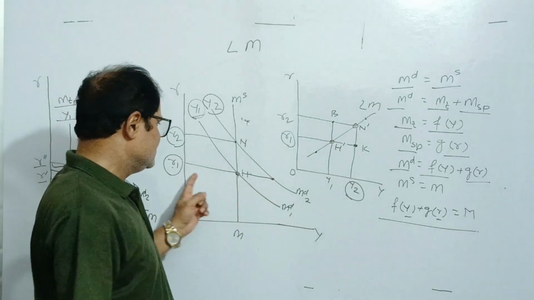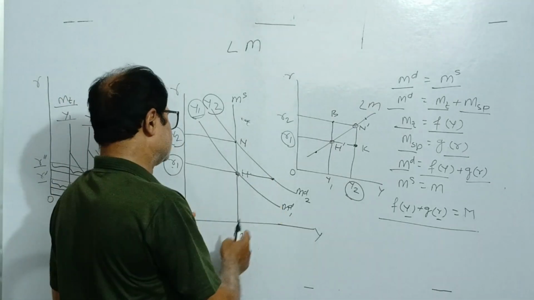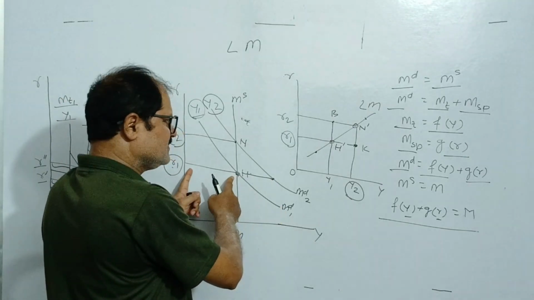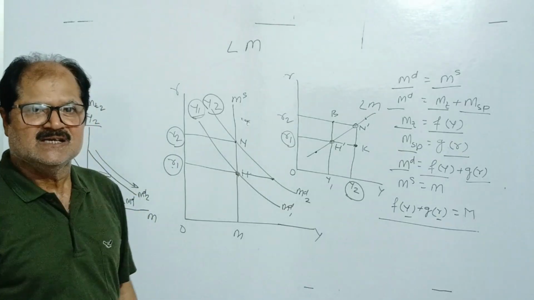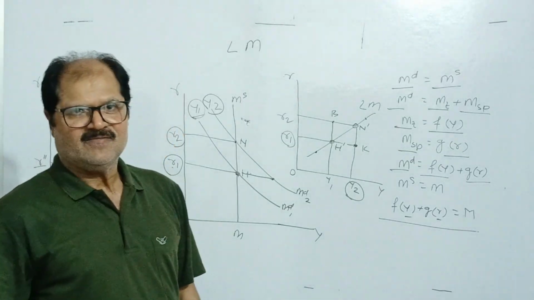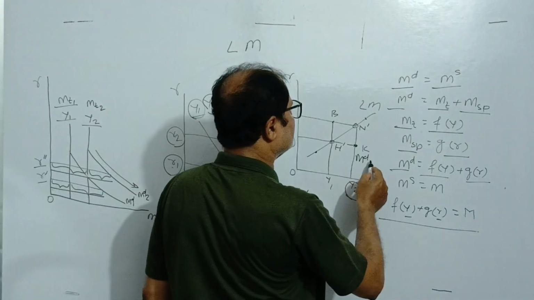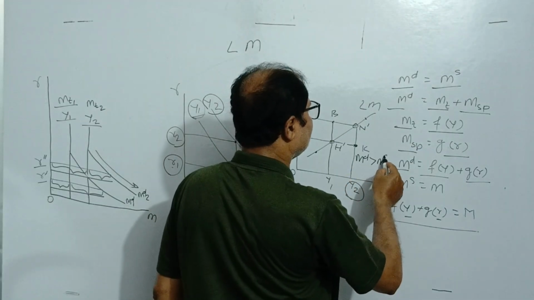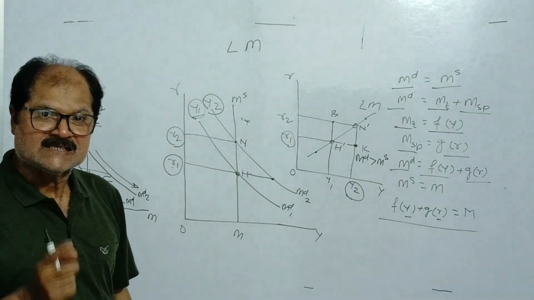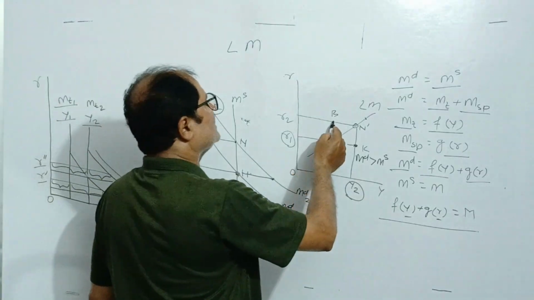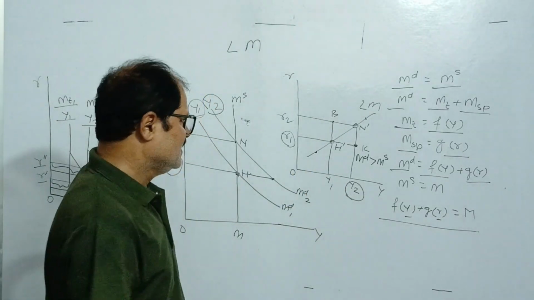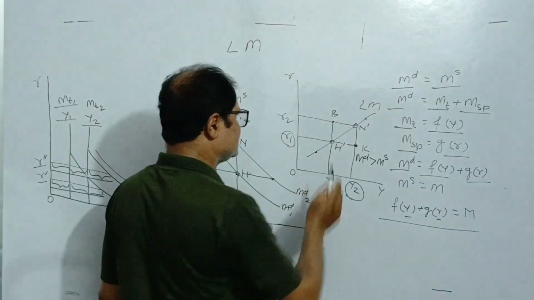and here we see that demand for money is this one, where the supply is this much, means demand for money is higher than supply of money. So at this point demand for money is greater than supply of money. Similarly, at this point income is Y1 and rate of interest is R2.